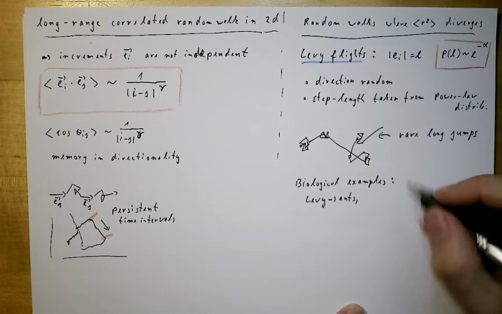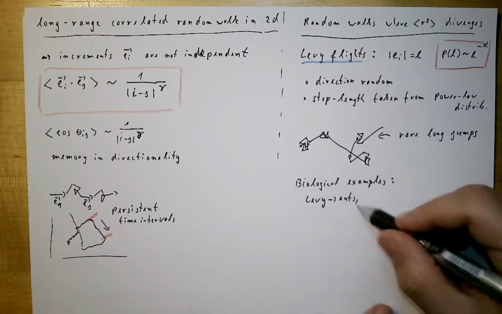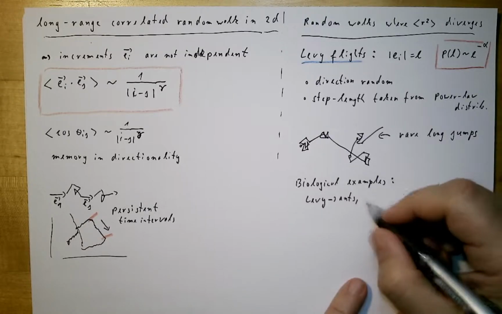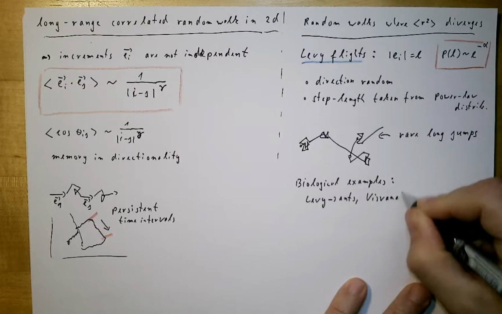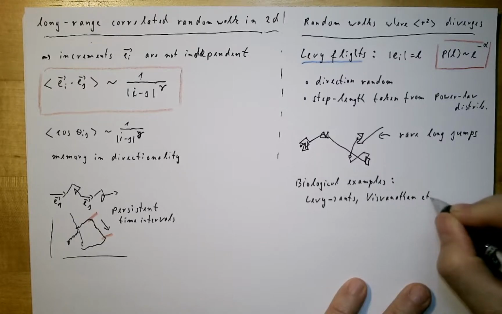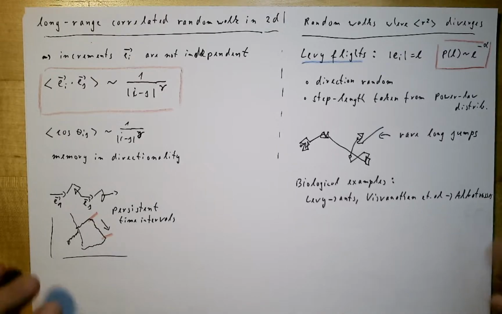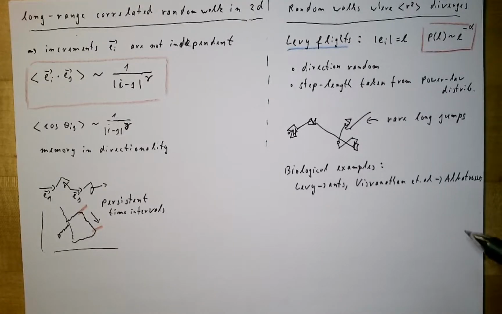And then there are other examples, like you have it in fish and spider monkeys. But maybe the famous example is from Swaminathan et al. And this was about albatrosses. You know, albatrosses are very large birds which can fly a lot in the ocean.